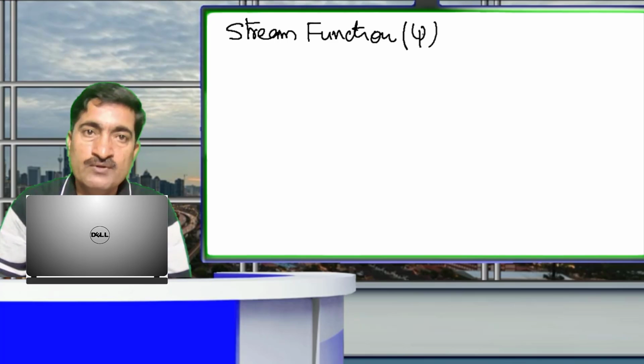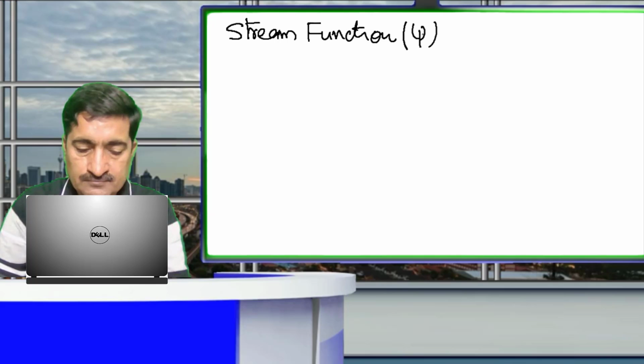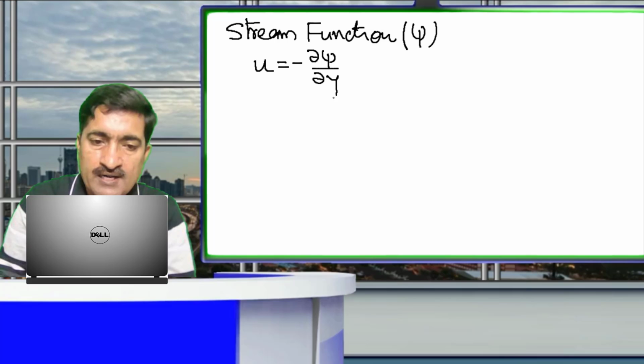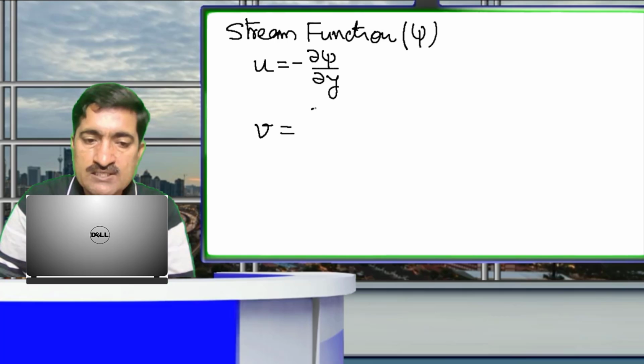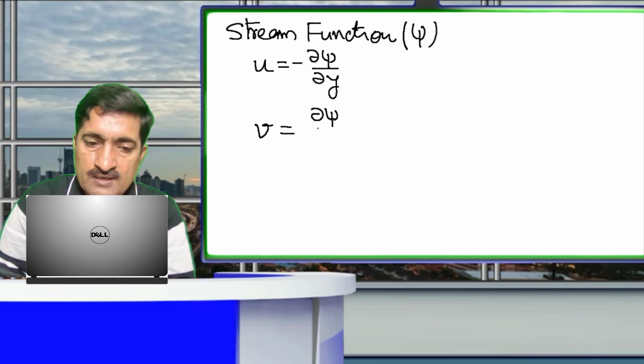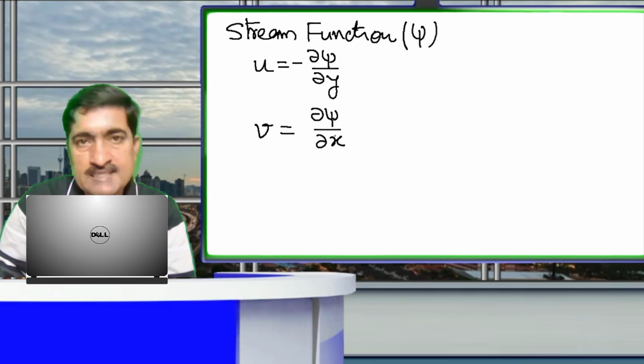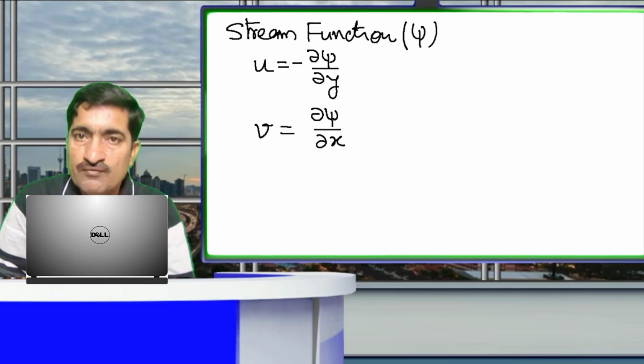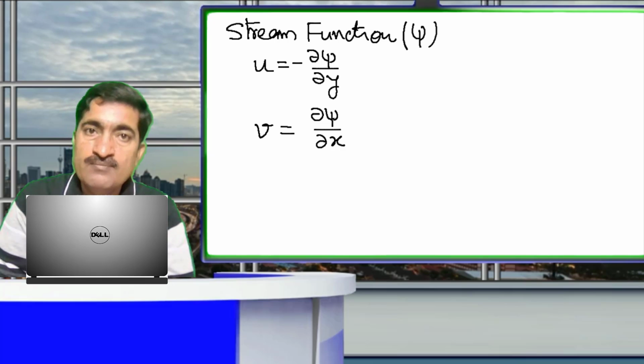For two-dimensional flow, the velocity component can be calculated in Cartesian coordinates by u, means in x direction, equal to minus del psi by del y, and velocity component in y direction, v, is equal to del psi by del x, where u and v are the velocity components in x and y directions, and psi is the stream function.